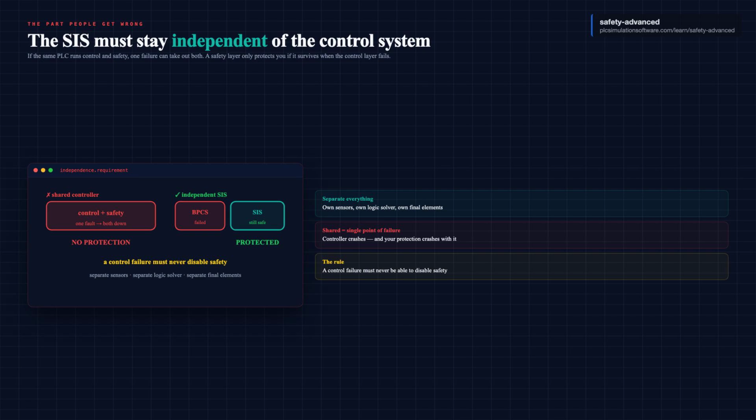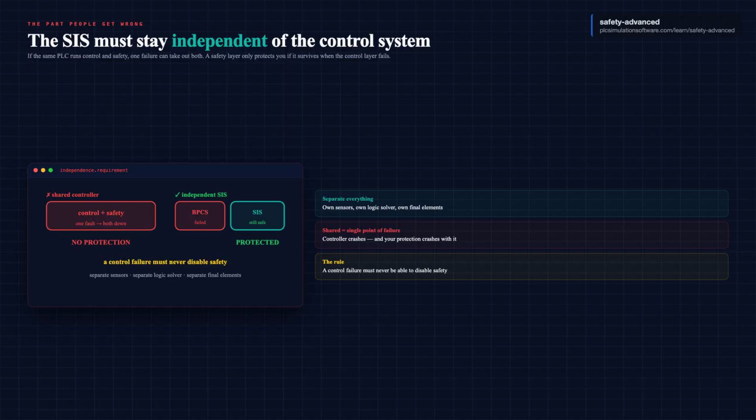Here is the part people get wrong. The SIS must be independent from the control system, truly separate. Separate sensors, a separate logic solver, separate final elements. Why does that matter so much? Think about it. If the same PLC that controls the process also handles the safety, then one failure can take out both.